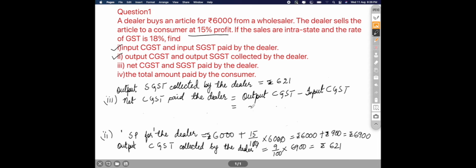So this is rupees 621 minus rupees, initially we had calculated rupees 540 as the input tax. So when you substitute, this gives you rupees 81, right? And net SGST also, without calculating, we can directly write paid by the dealer is rupees 81 only.